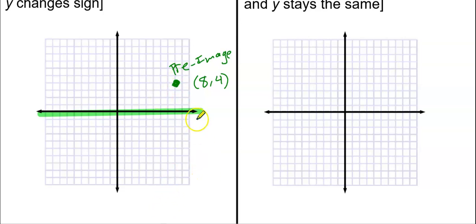When I flip it over the x-axis, the horizontal axis, it's a vertical flip. We're going to go 4 to the line, and then 4 from the line down here. There's my image. Where's my image? We're 8 to the right, 4 down. X stayed the same, Y changed signs.